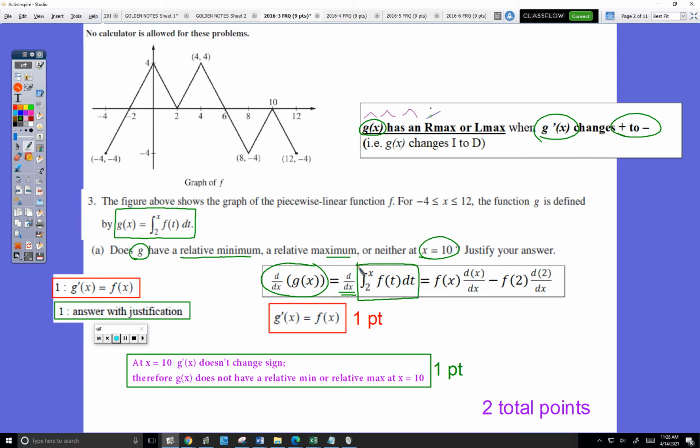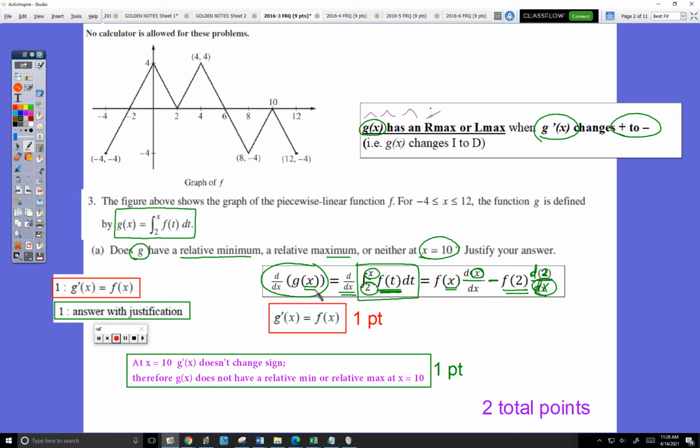So now I use my rule on the golden notes, and that derivative becomes f of not t anymore, but f of the upper limit. So f of x multiplied by derivative of that upper limit minus f, not of t anymore, but f of the lower limit multiplied by the derivative of that lower limit. Again, this has to be over dx because we're working with a function that is in terms of x.